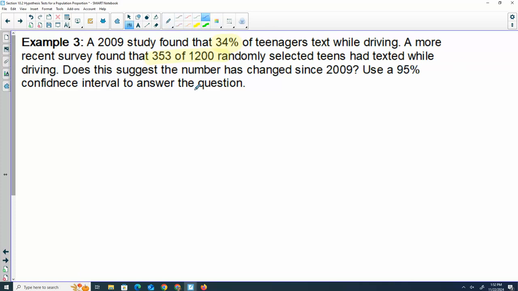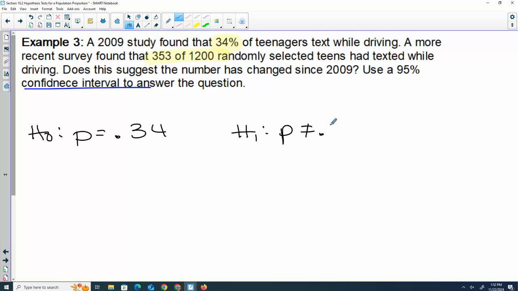So you could do this with the probabilities, but I asked for a confidence interval. So my null hypothesis is that my p is equal to 0.34. My alternative, what am I testing? Not equal.